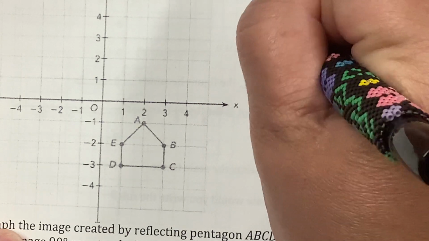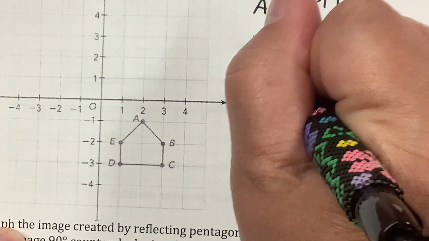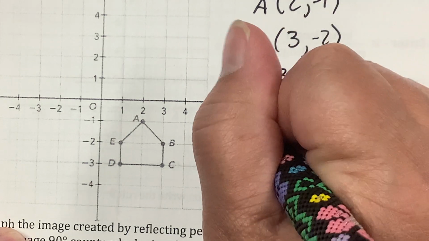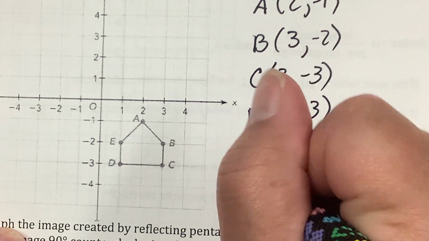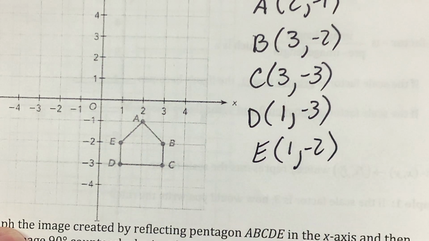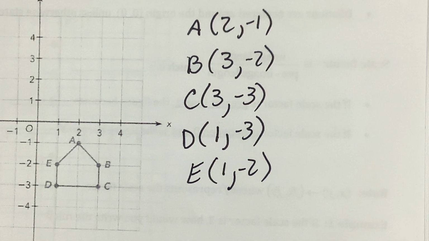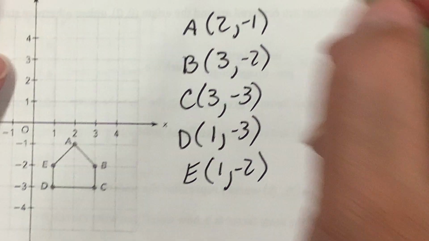B is at (3, -2). C is at (3, -3). D is at (1, -3). And E is at (1, -2). Now remember, 180 degrees is you multiply everything times -1. So you just change all the signs.